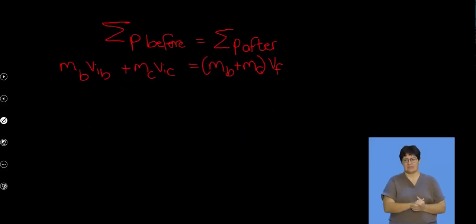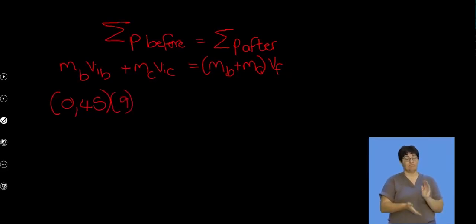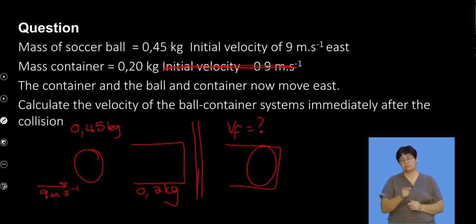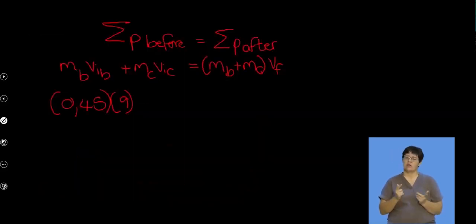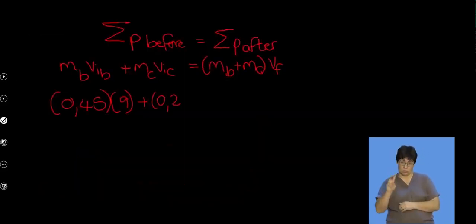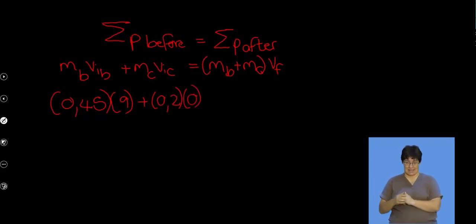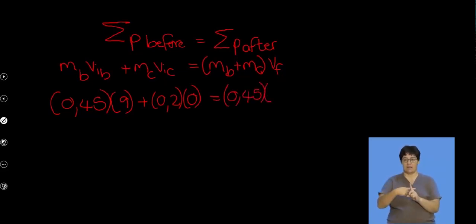So, 0.45 going at 9. The container was 0.2 times 0. Okay? Afterwards, they stick together. Ooh, maybe I should write a plus instead of a multiplication. There we go.